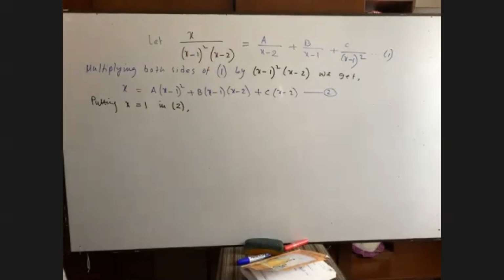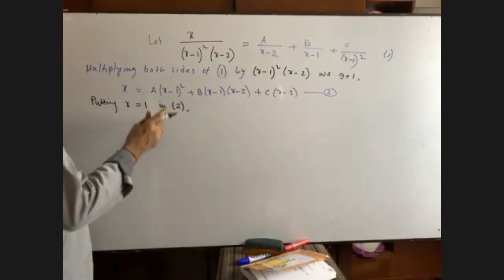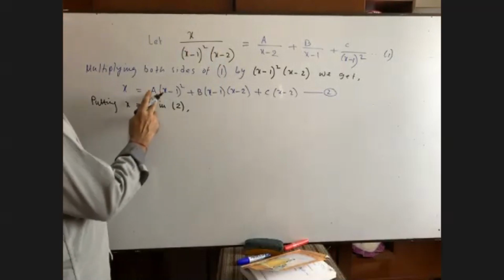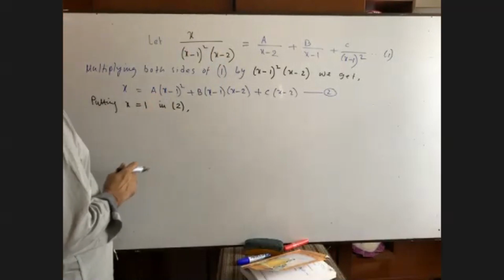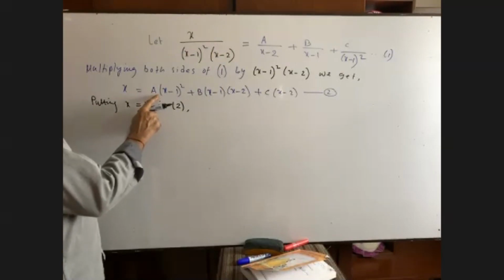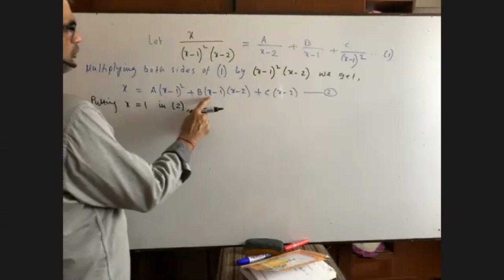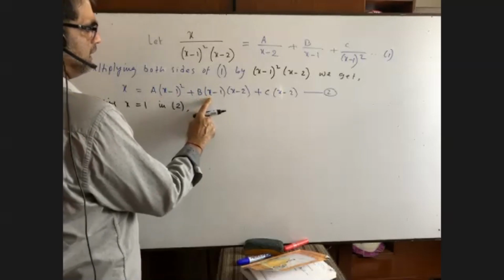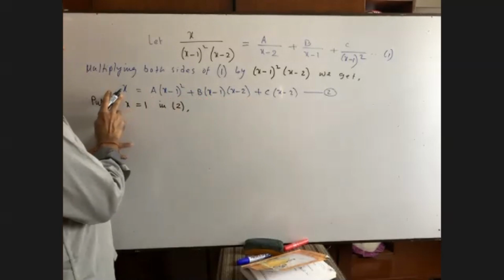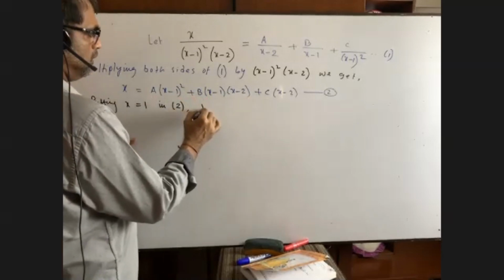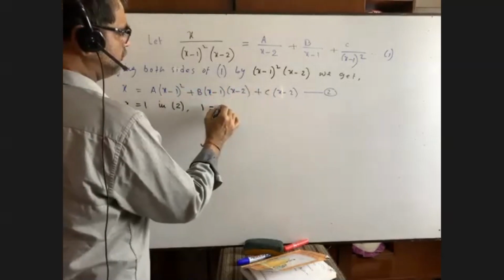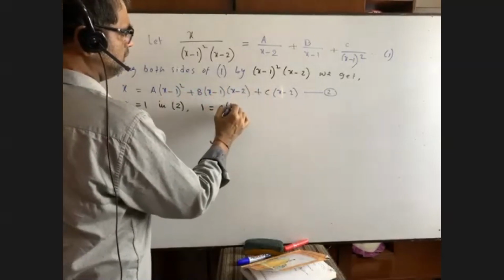We see what values should be put to get a part 0. If I put x equals to 1, then this part will be 0. So x is 1, the left side is 1, that is equal to 0 plus 0 plus C into 1 minus 2.